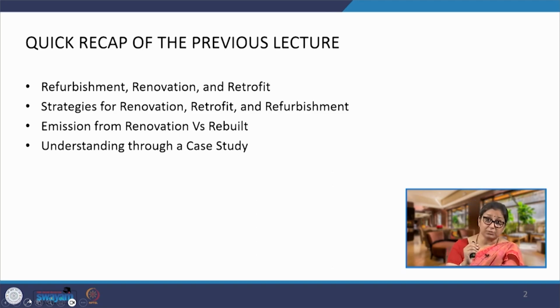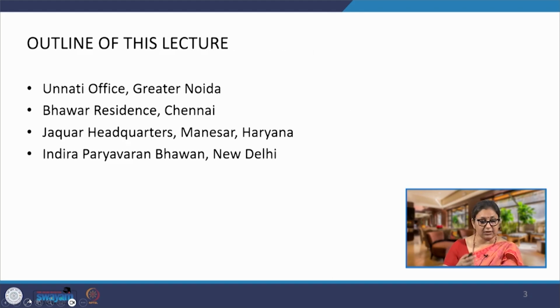But scope 2 emissions, which are mainly due to the electricity consumed in these buildings, are the most significant portion of a building as an asset. So, we are going to focus our entire discussion on reducing scope 2 emission and a little bit of scope 1. We will keep scope 3 out of the discussion, since the focus of this course is scope 1 and 2. So, let us go ahead with the case studies.